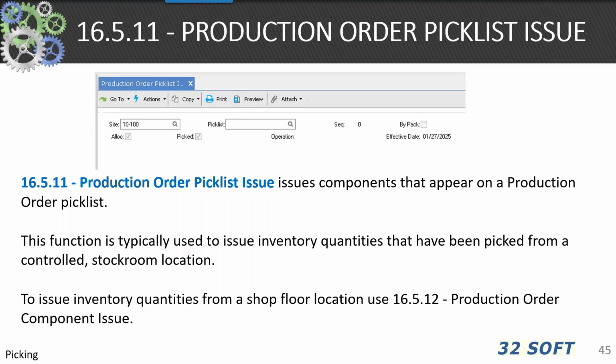This function is typically used to issue inventory quantities that have been picked from a controlled stock location. The inventory quantities for shop floor control typically use 16.5.12 production order component issue.